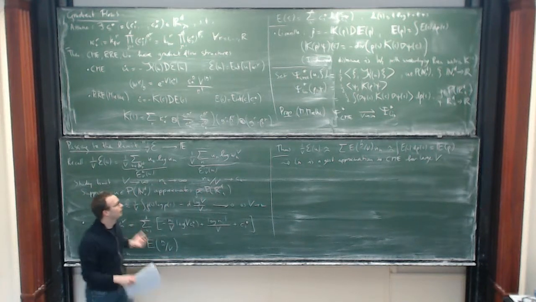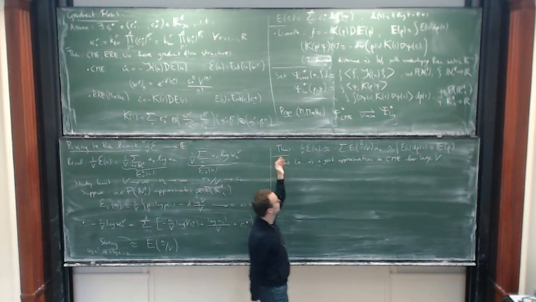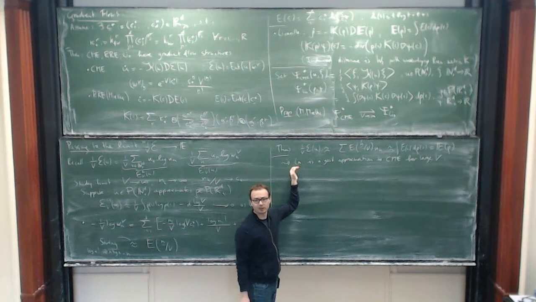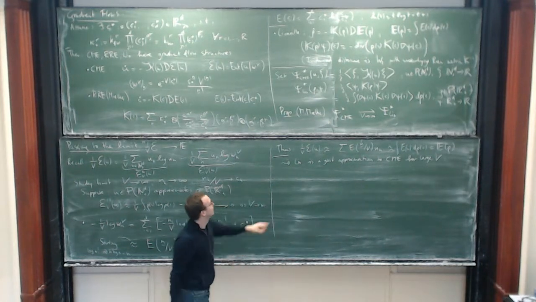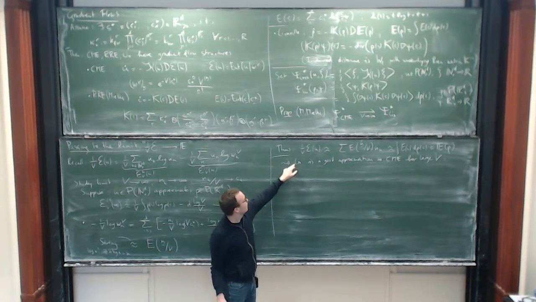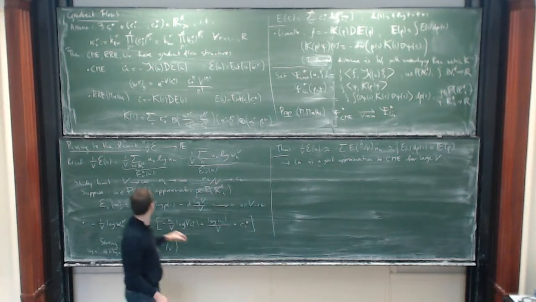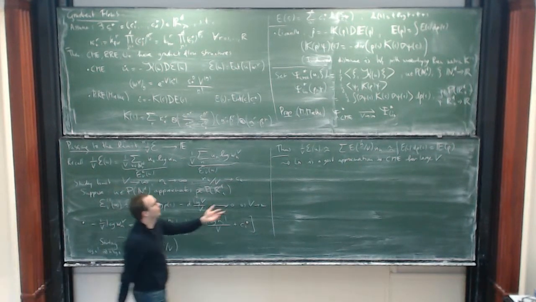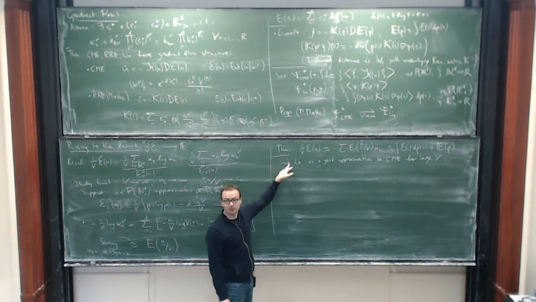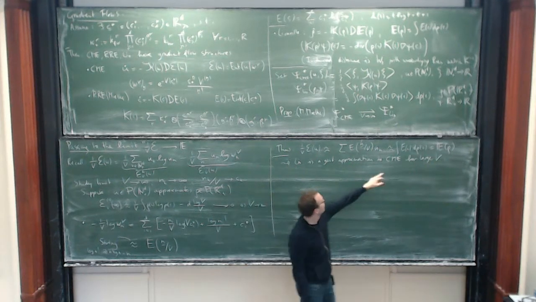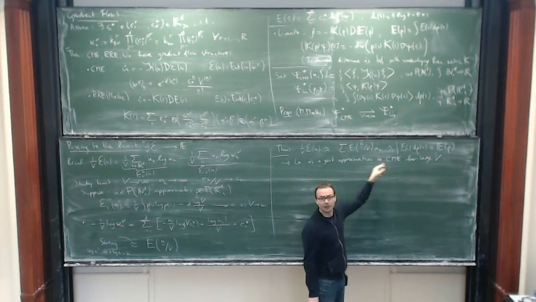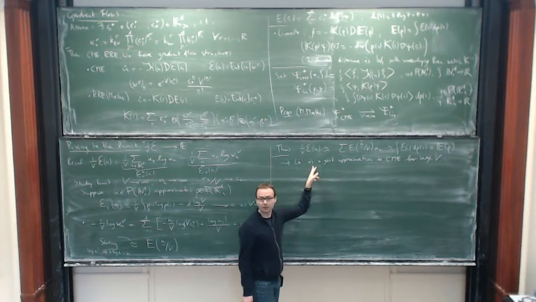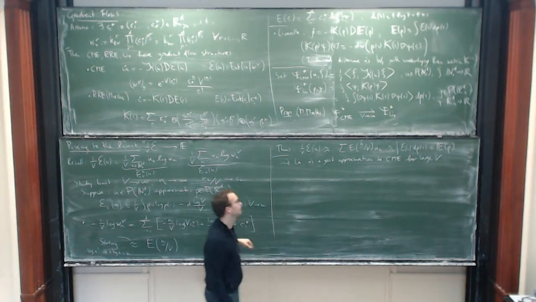Okay, but what this suggests is maybe we can actually do a little bit better. This Liouville equation is a good approximation, but maybe we can find a better approximation using this heuristic. Because the Liouville equation does not take into account the volume of your system, but it would be nice to have an approximation of your chemical master equation using a continuous model which still takes into account the volume of your system.